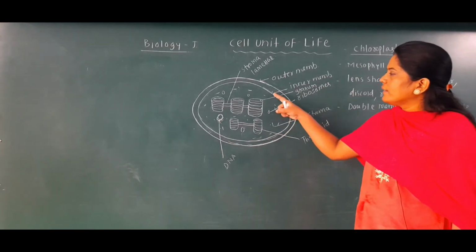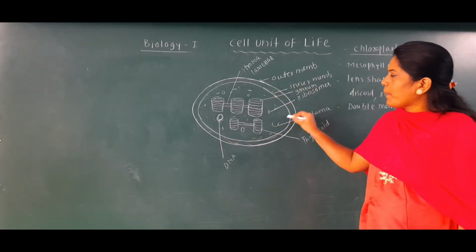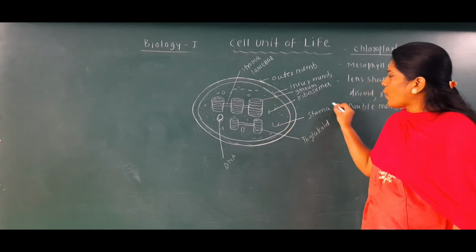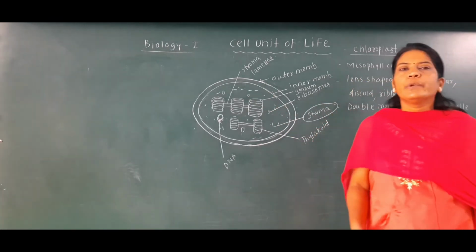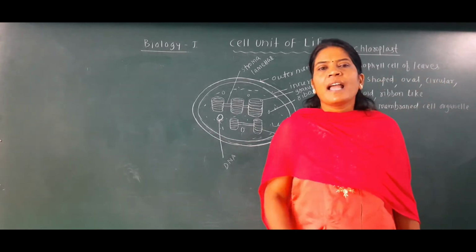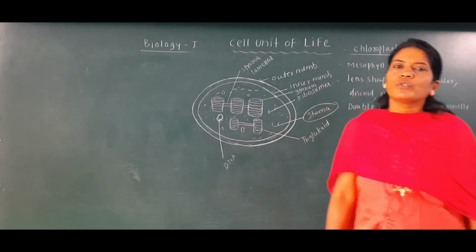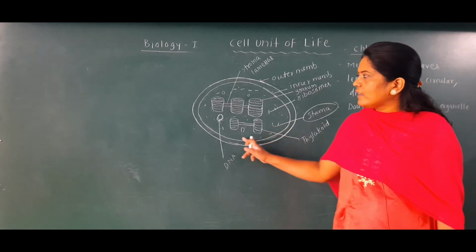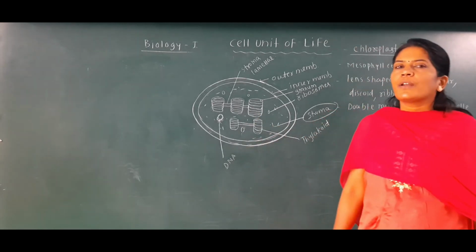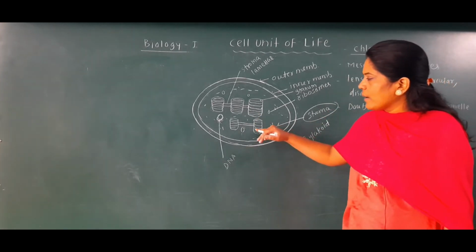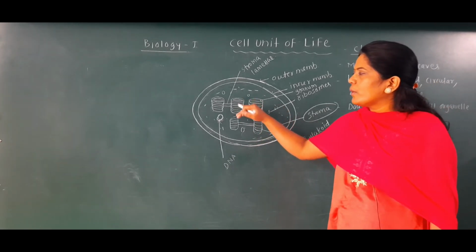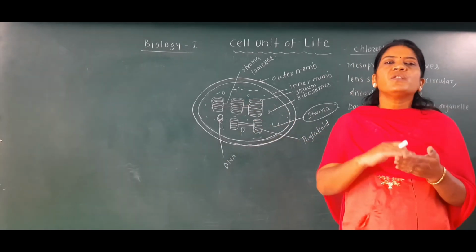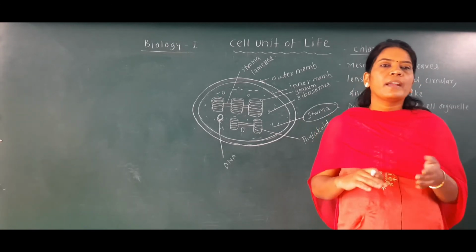Now, the important thing is that there is another part present inside this chloroplast, which is occupied by this inner membrane, and that part of the chloroplast is called as the stroma. Like in mitochondria we have seen the matrix, in chloroplast there is the presence of the stroma. So inside the stroma part, you can observe there are membranous, flat, sac-like structures. Membranous means it has a particular membrane.